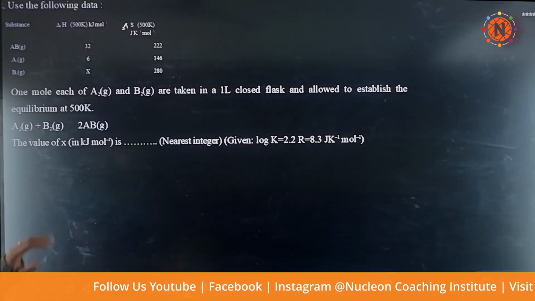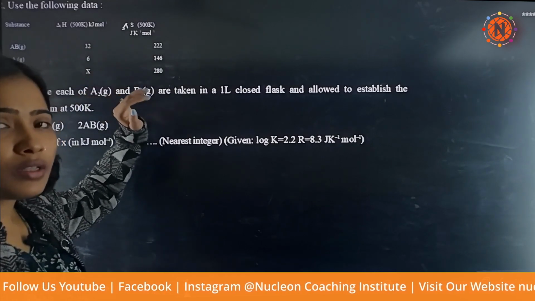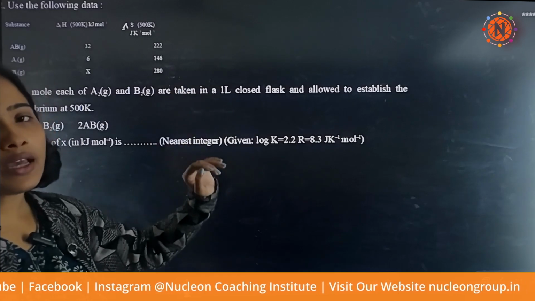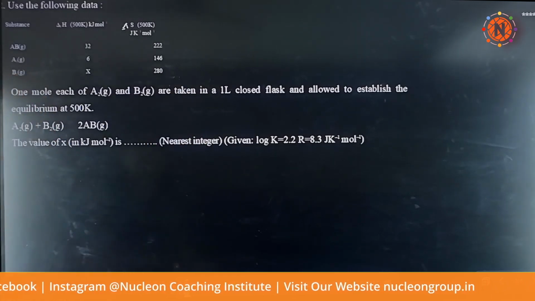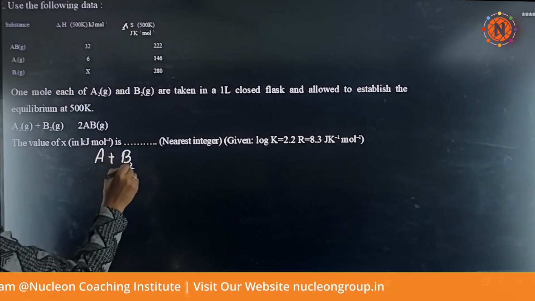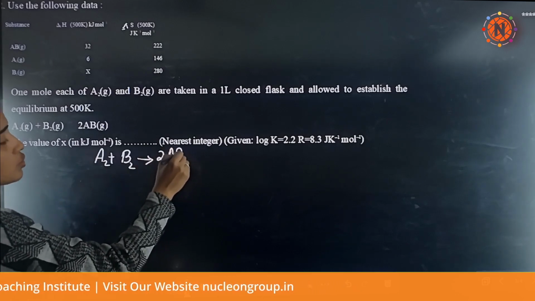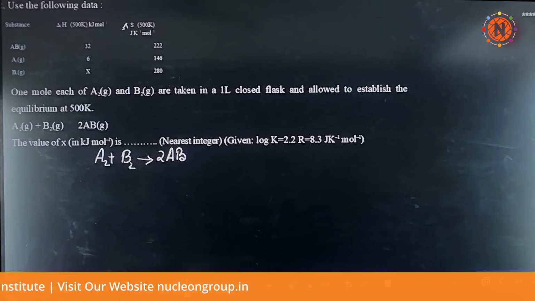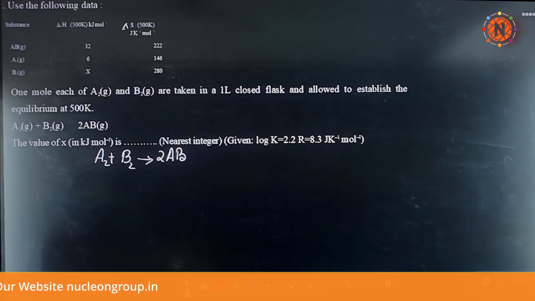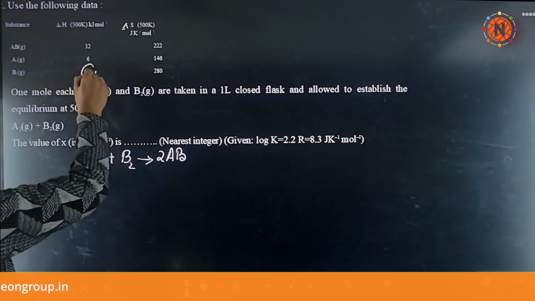We know what is H and S. H talks about the enthalpy of the reaction, and entropy is our delta S. Here a reaction was done between the reactant A and B that gave us the product 2AB. So throughout this reaction, the enthalpy change is given to us, and we need to find out the value of X.